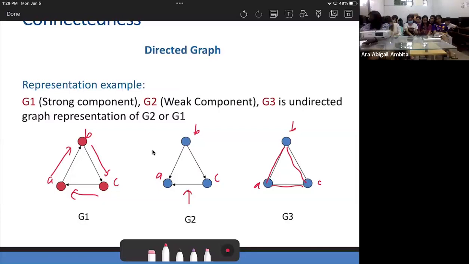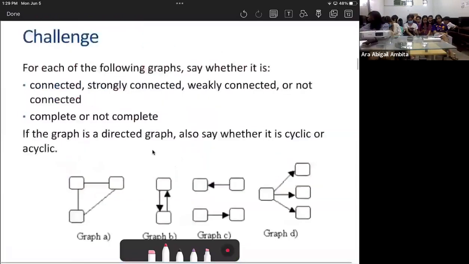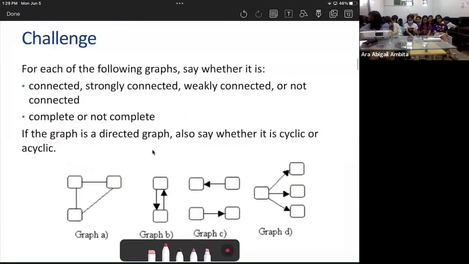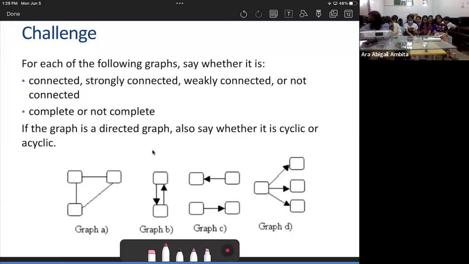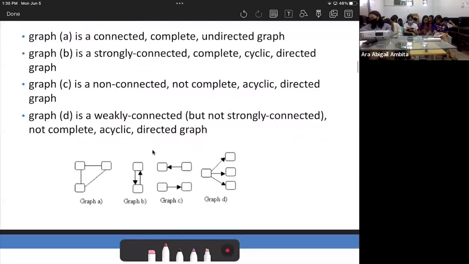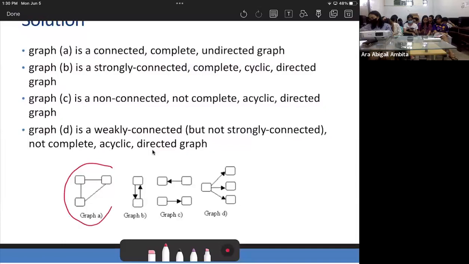Okay, so for example dito, for each of the following graphs, determine if it is strongly connected or weakly connected or not connected at all, complete or not complete. So itong si graph A, so we can consider it as connected, and then it is also complete.